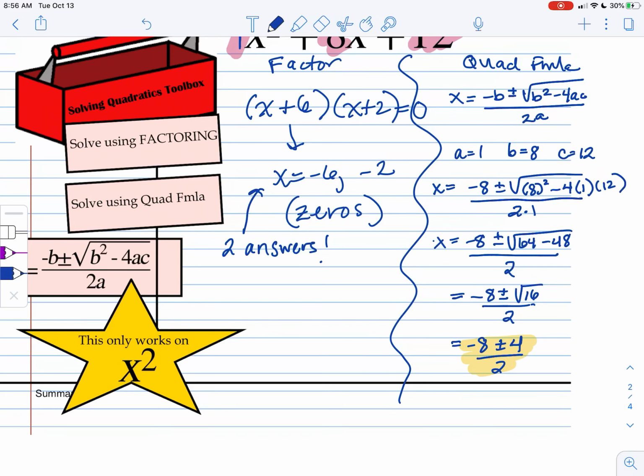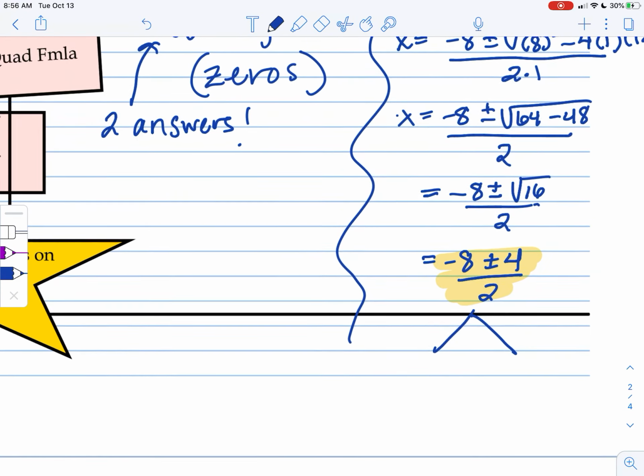So what do I mean? I can split this into two things. Negative 8 plus 4 over 2 and negative 8 minus 4 over 2. That's what that plus or minus means. It means I can add or I can subtract. So negative 4 divided by 2 is negative 2. And negative 12 divided by 2 is negative 6.